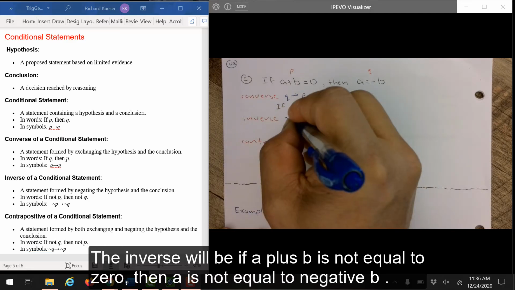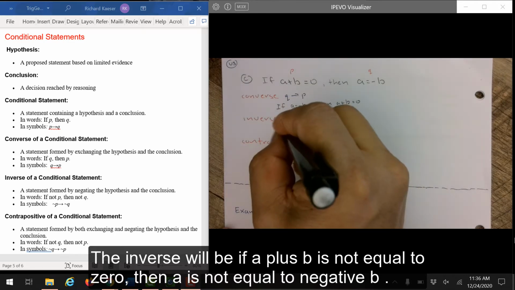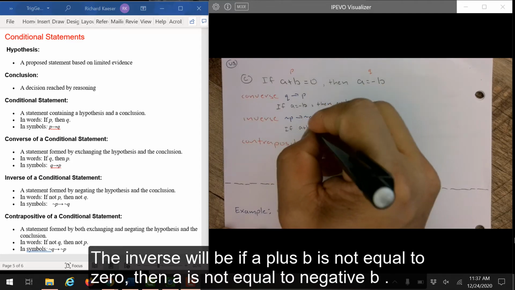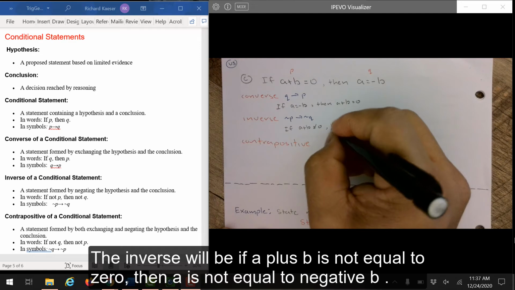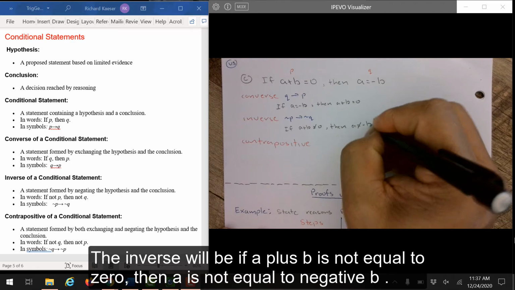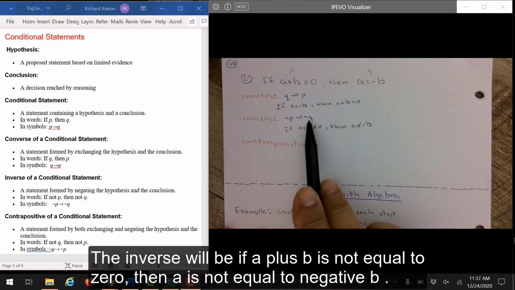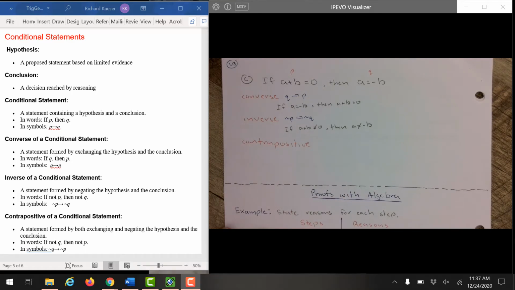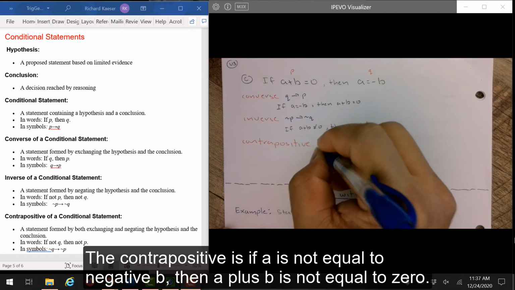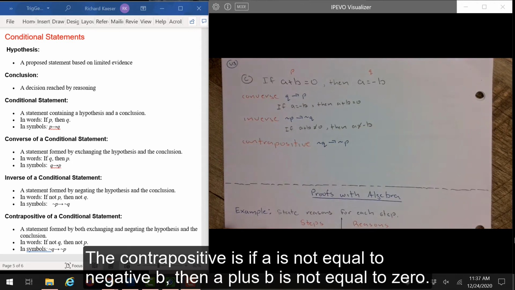The inverse will be if a plus b is not equal to 0, then a is not equal to negative b. The contrapositive is if a is not equal to negative b, then a plus b is not equal to 0.